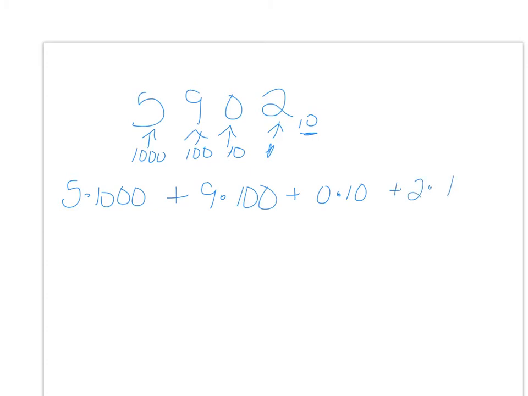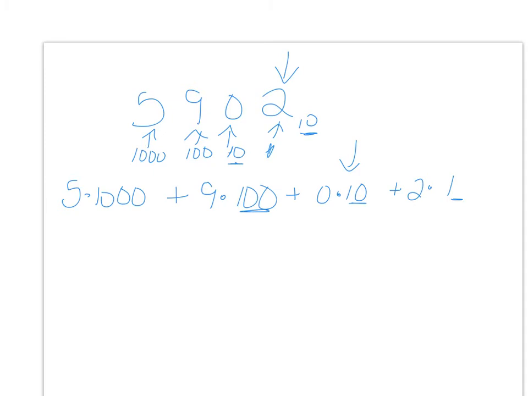What you'll notice is what place you're in is how many zeros you have. I'm in the first spot, I have no zeros. I'm in the second spot, 10, I have one 0.